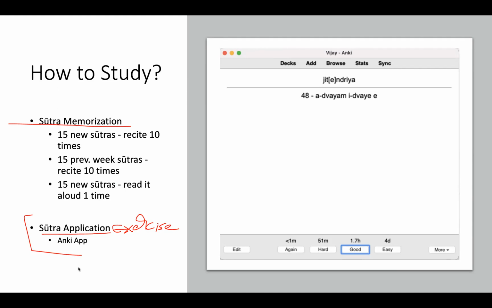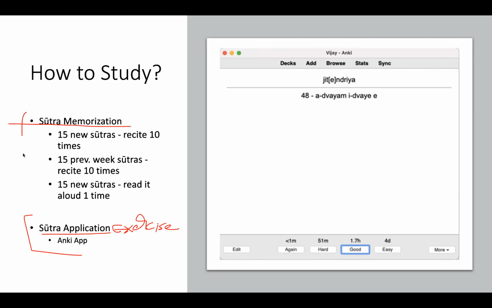So I'm going to do part of this in the course itself. You don't need to put in any extra endeavor to practice the sutras. You can just come along in the course and you will learn how to derive the words using the sutras.